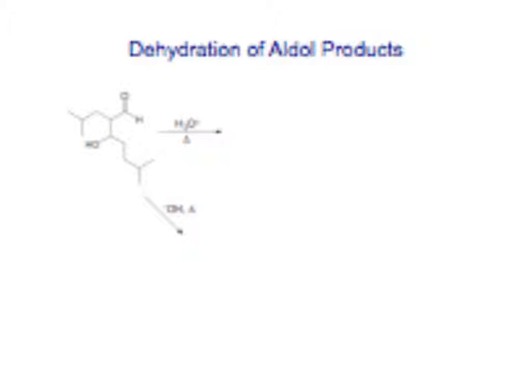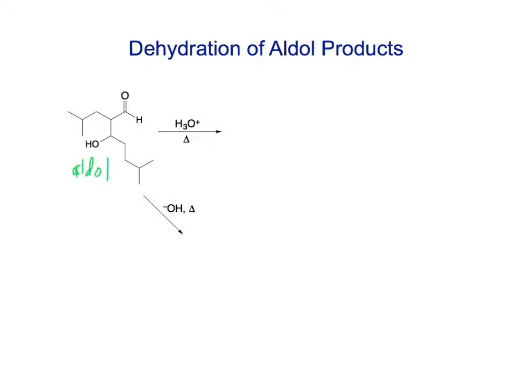Okay, so once we form the aldol, so here's the aldol, the middle example on the last slide. If we heat this up with base, we said it could do a retro-aldol, but there's something else that can happen, and the same thing can happen if we heat it up with some acid. What do you think is going to happen if we heat up that product with acid?